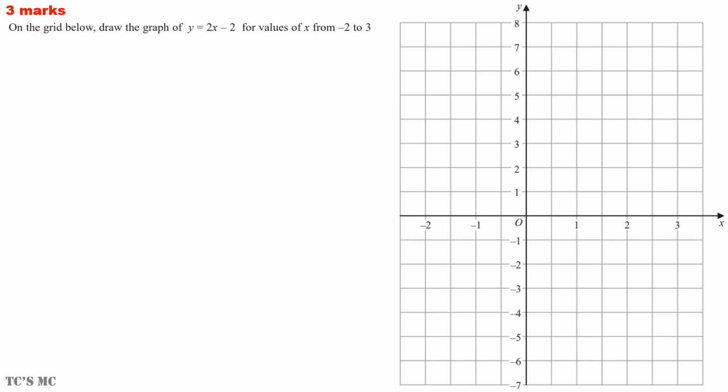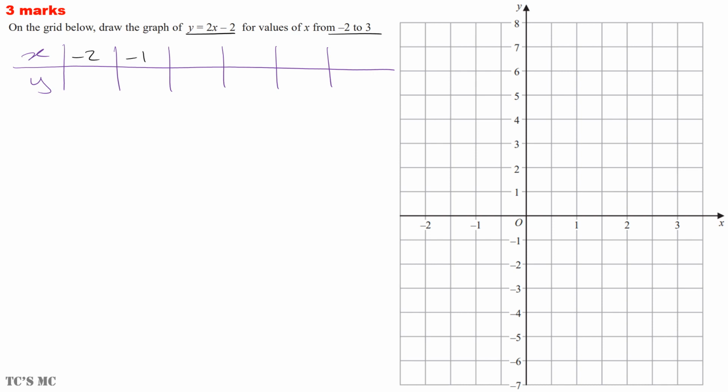On the grid below, draw the graph of y equals 2x subtract 2 for values of x from -2 to 3. For this question, I am going to draw a table of values. I have x and y. For the x's, I know I have to go from -2 all the way up to 3.